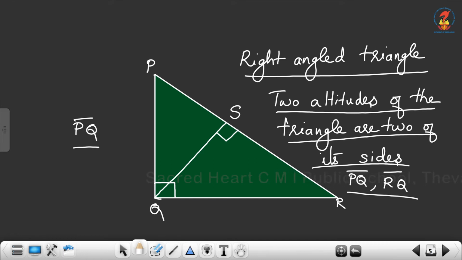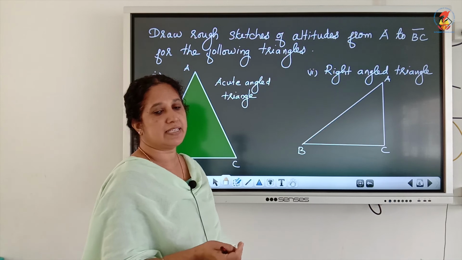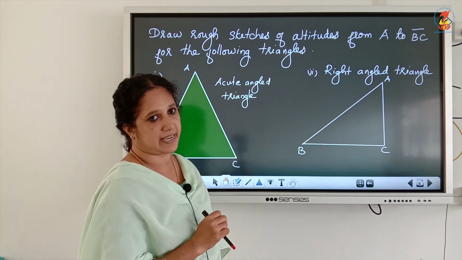Then from the vertex Q to the opposite side PR, we can draw the perpendicular line segment QS, which is also an altitude. So, for which triangle are two sides the altitudes of the given triangle? In the case of a right angled triangle.